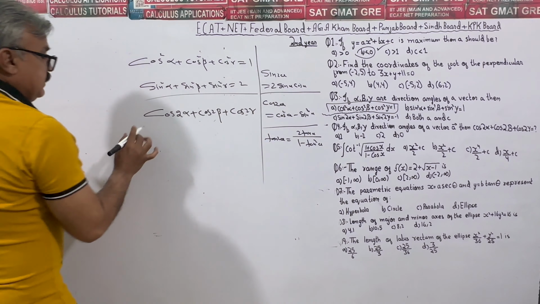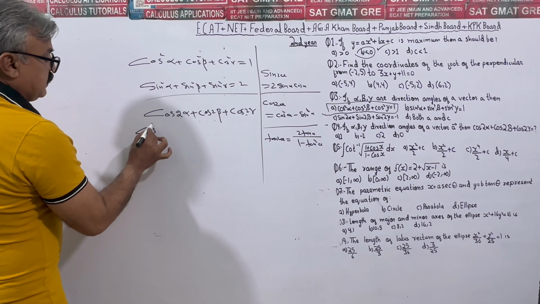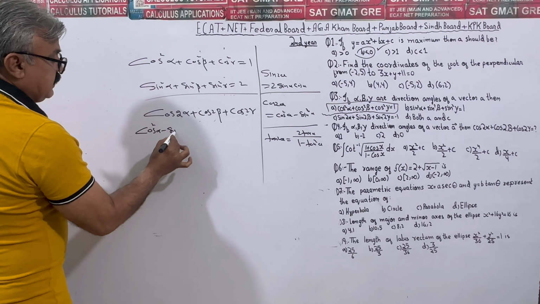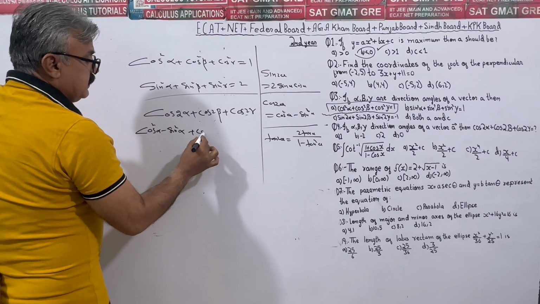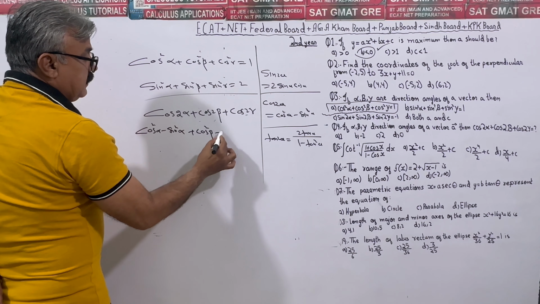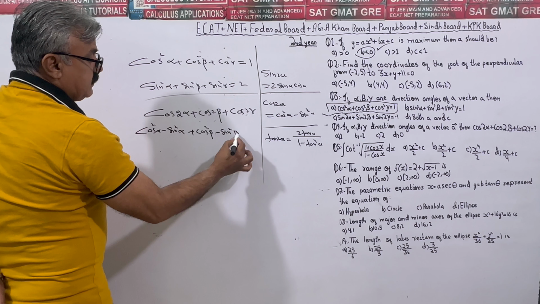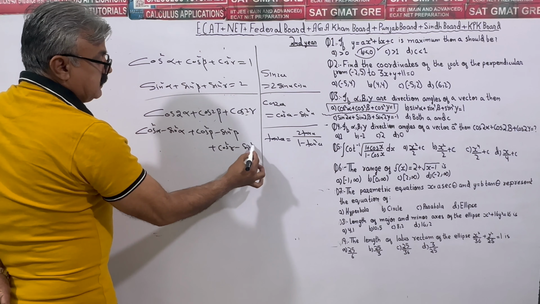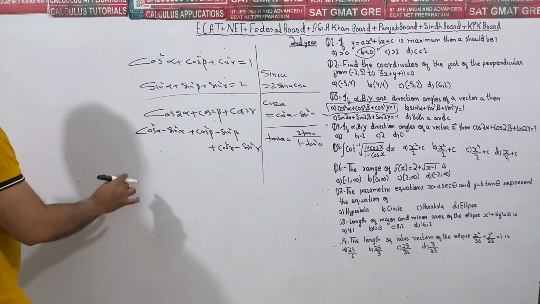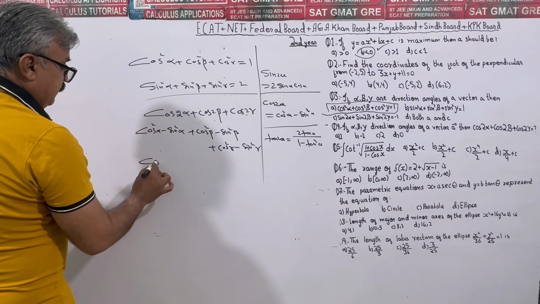Cos 2 theta utilized here: cos square alpha minus sin square alpha. In case of beta, cos square beta minus sin square beta. Cos square gamma minus sin square gamma. Write cos square first, sin square later.